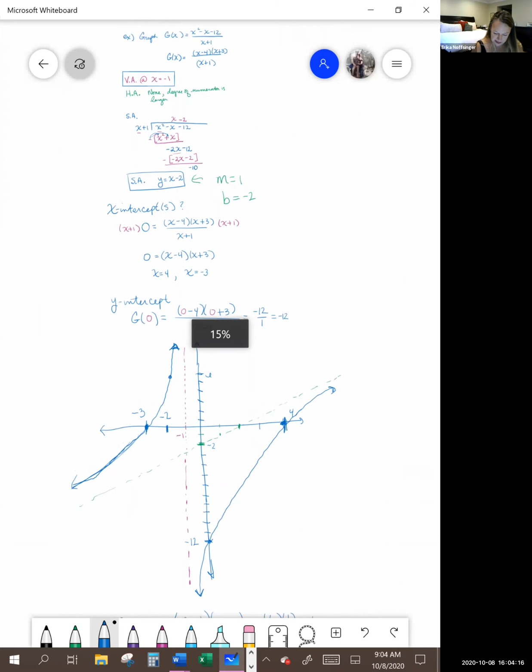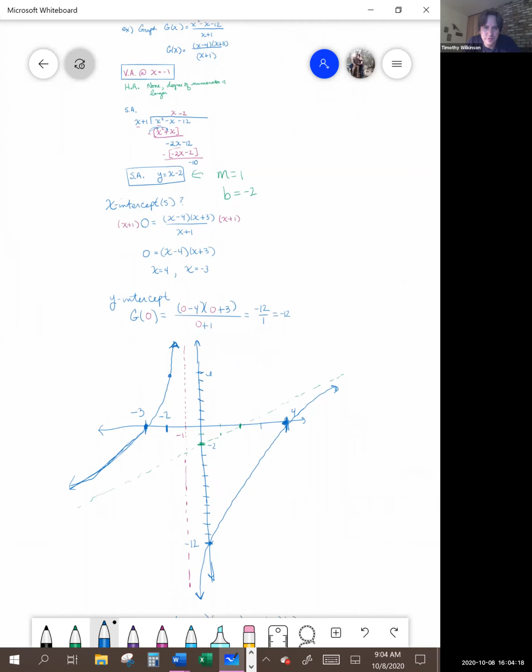Hopefully you can see that. It looks like there's symmetry between the asymptotes. Is that something that occurs? It would be hard to tell. Yeah, there could be. It's not symmetrical across the x-axis or the y-axis.